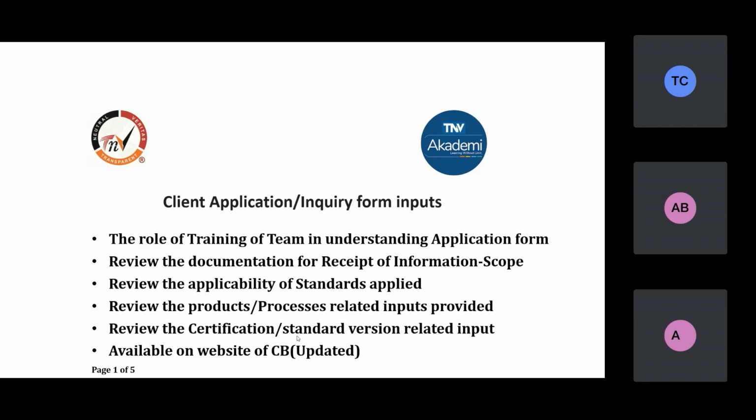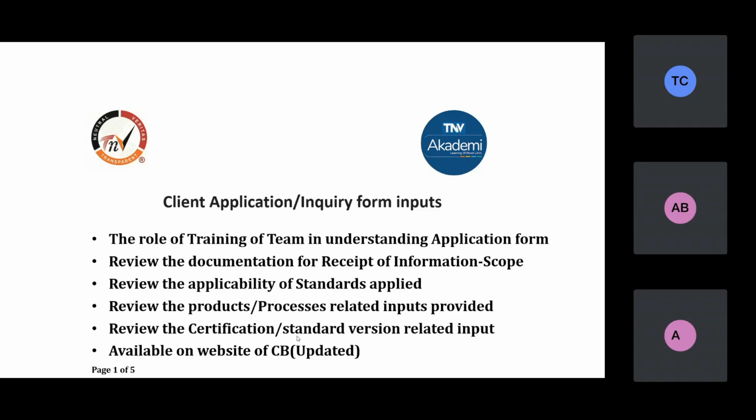The next point is, when the application form or inquiry form is received by the marketing team, the BA managers or the sales team, they need to review what has been filled into the application form, particularly the scope.